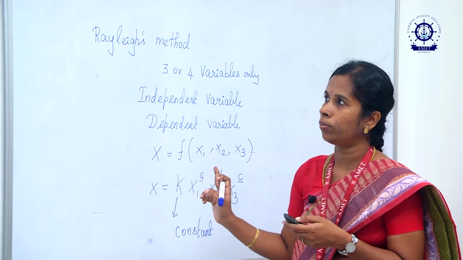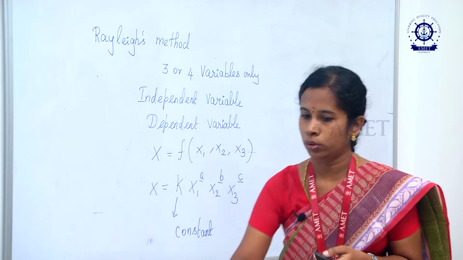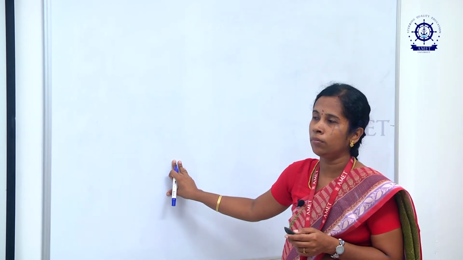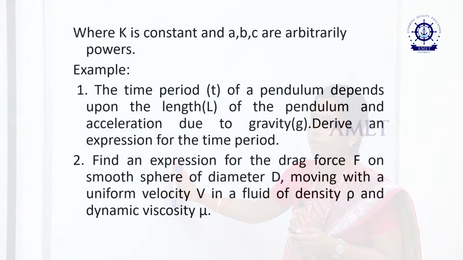We will do one problem so that you can understand. In the problem mentioned, the time period of a pendulum depends on the length of the pendulum and acceleration due to gravity, and they are asking you to derive an expression for the time period.